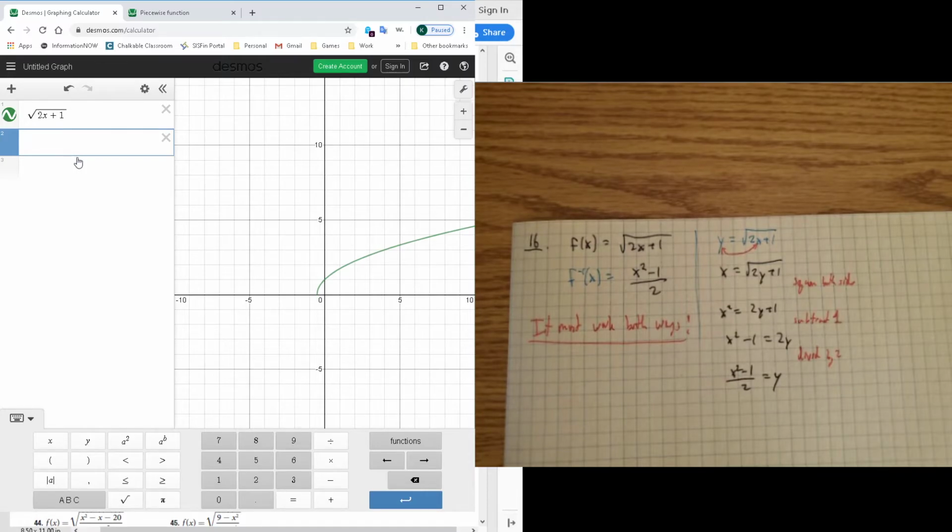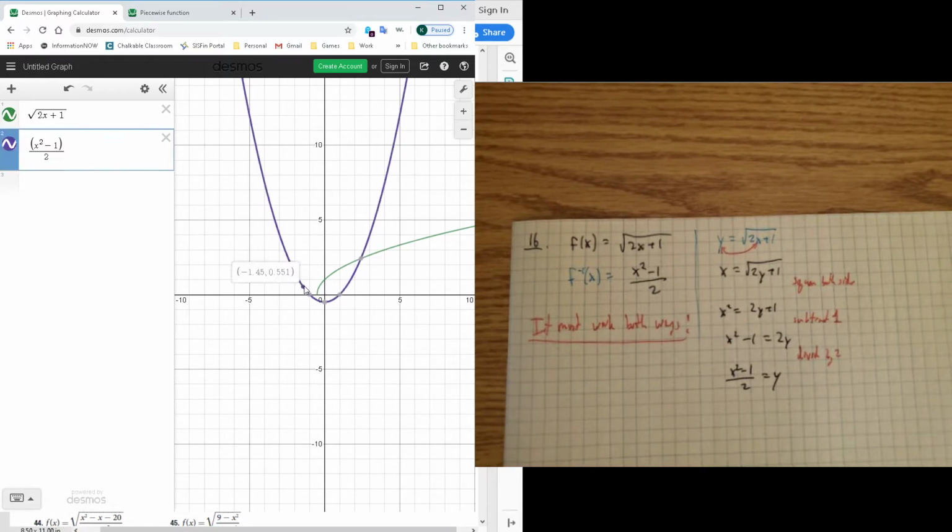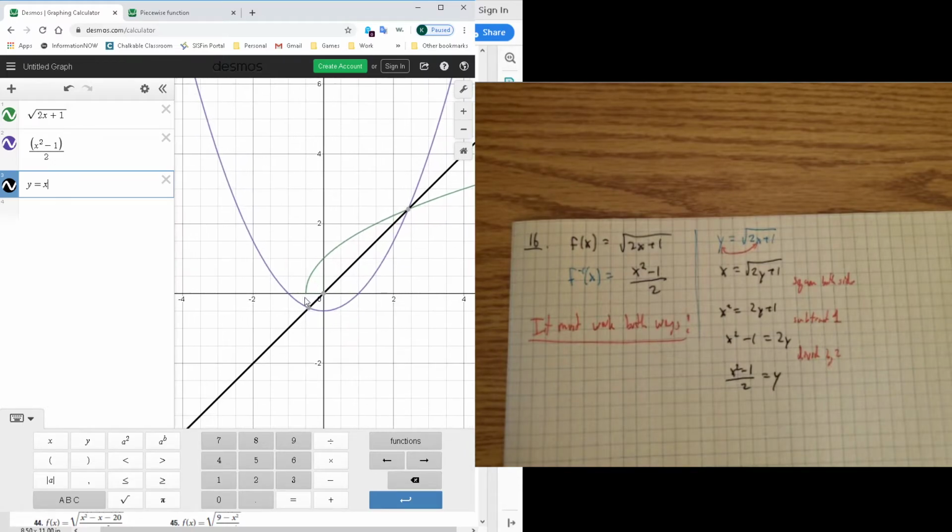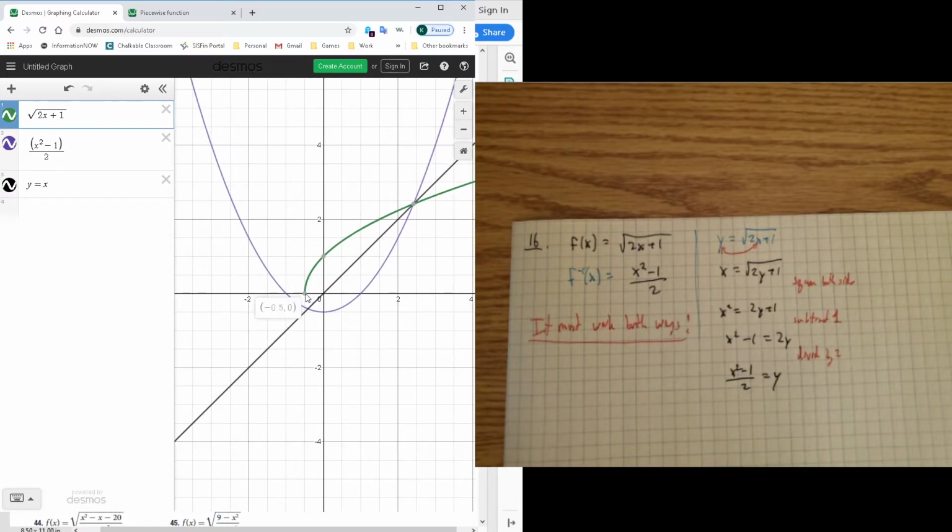And then if I type in x squared minus 1 over 2, notice that this purple function is too big. It will not flip across that line, y equals x. Part of it will, but this green one stops right here at negative 1/2, 0, which means we should have this purple one also stop in a similar location at 0, negative 1/2, here.